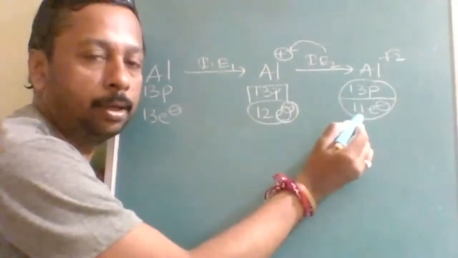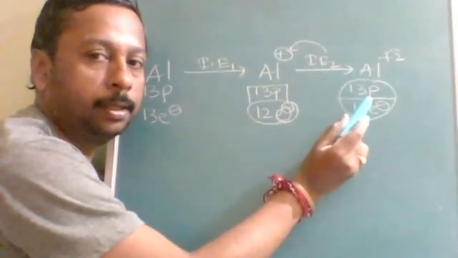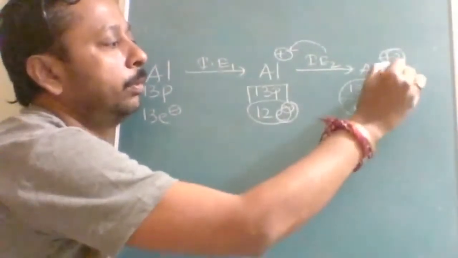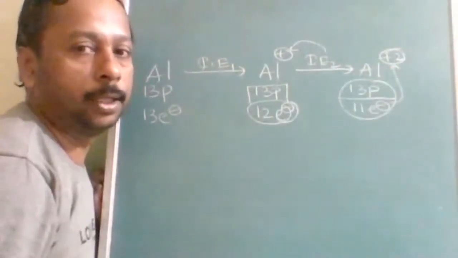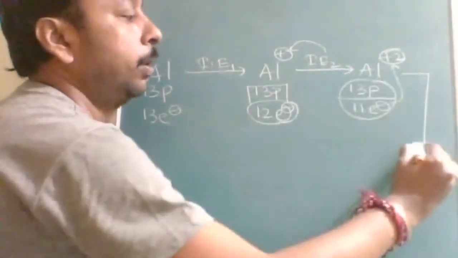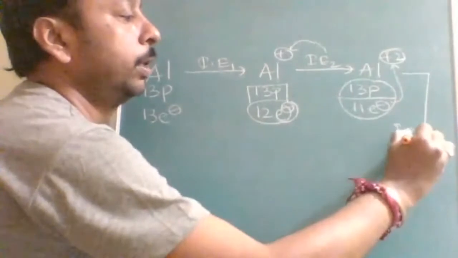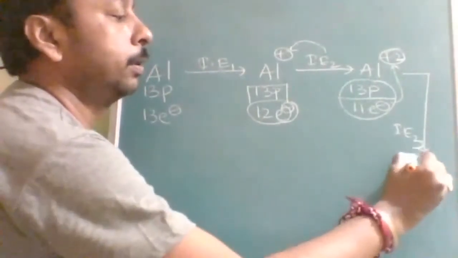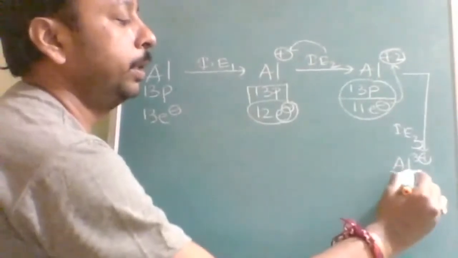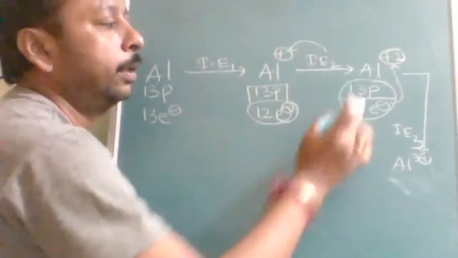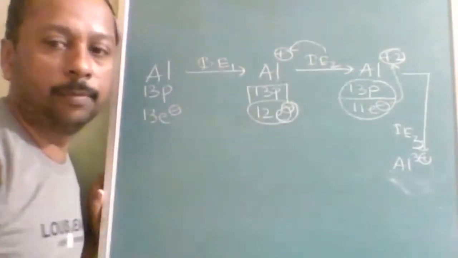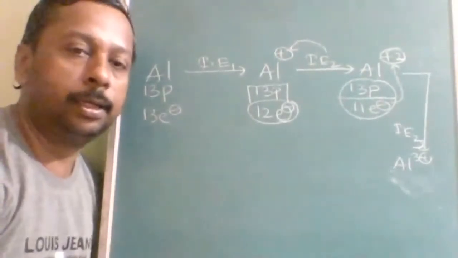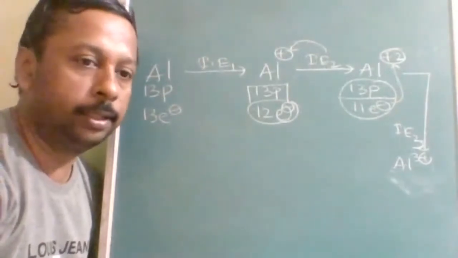So per electron effective attraction will increase, and there will be more attraction by these 11 electrons over the plus 2 charge. So obviously we have to give more energy. Okay, IE3 will be the highest. Likewise, if you keep on increasing, electrons will decrease, but the number of protons remains the same. That's why IE1 less than IE2 less than IE3, and so on.